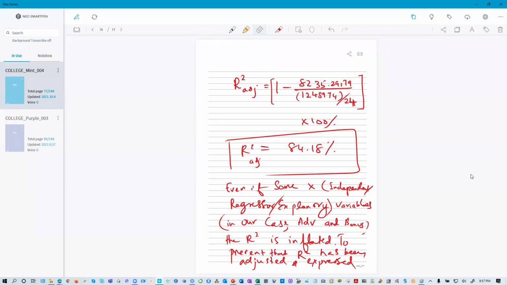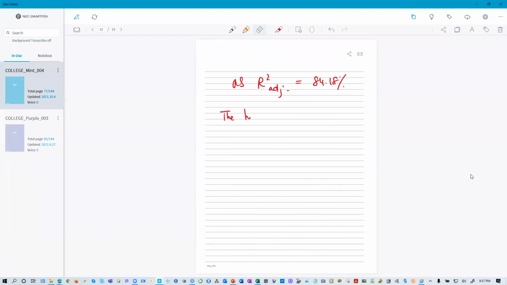The higher the value of R squared or R squared adjusted, the better the model is, around greater than 80%. That's one good one.